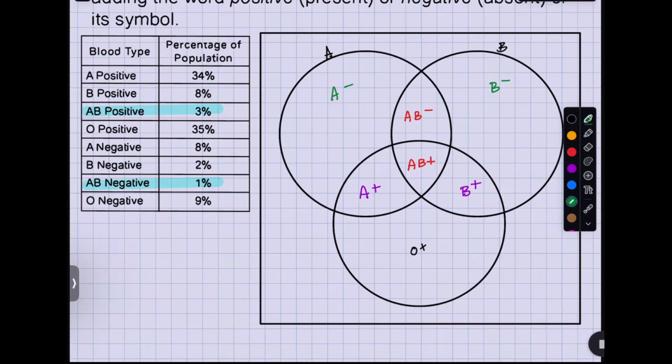Where is O negative? There's no other places, is there?